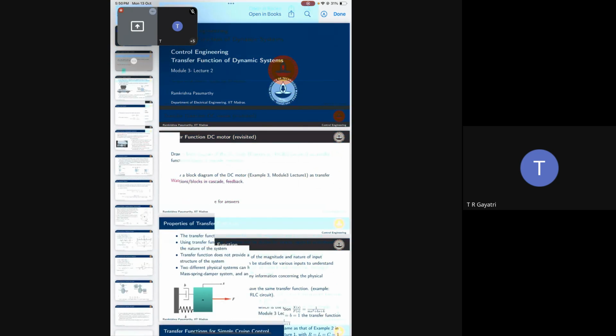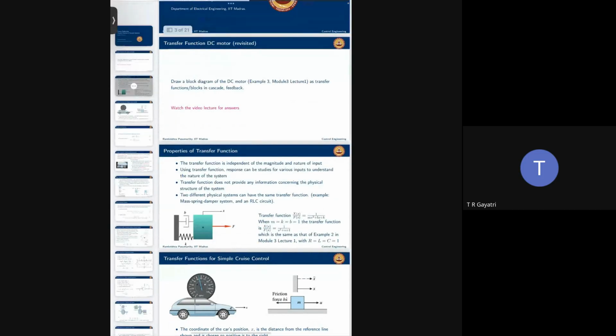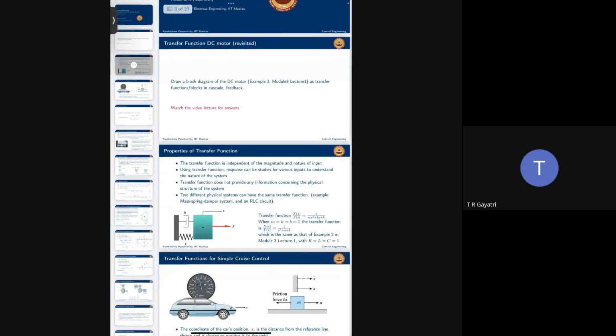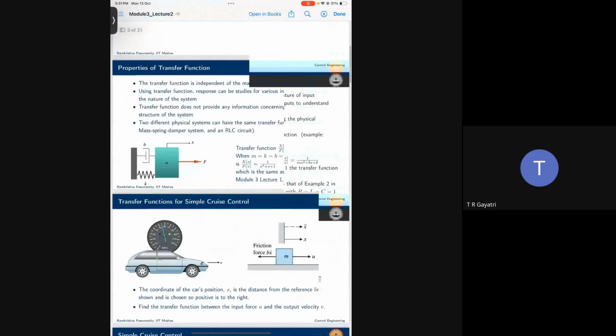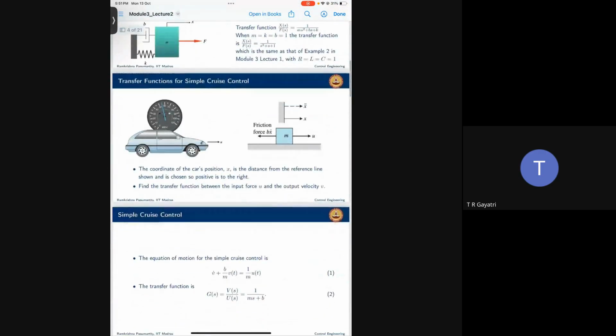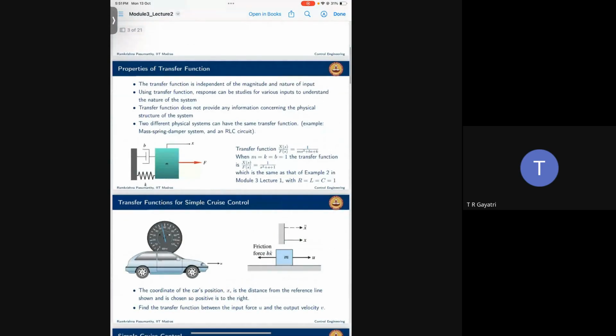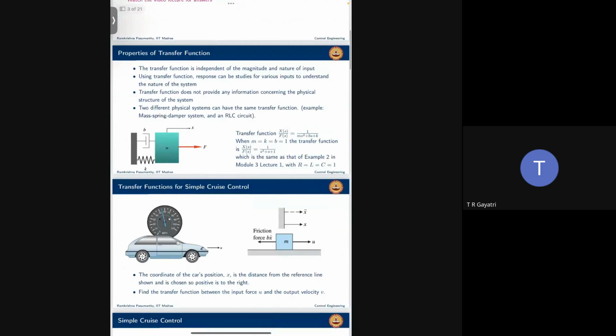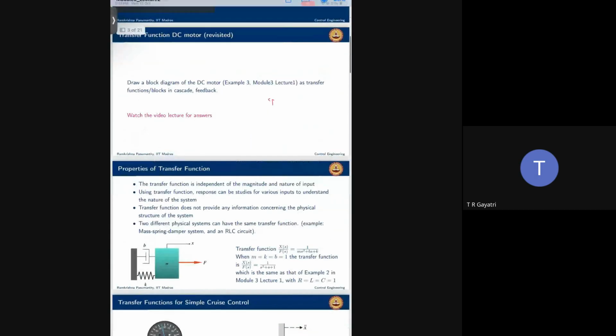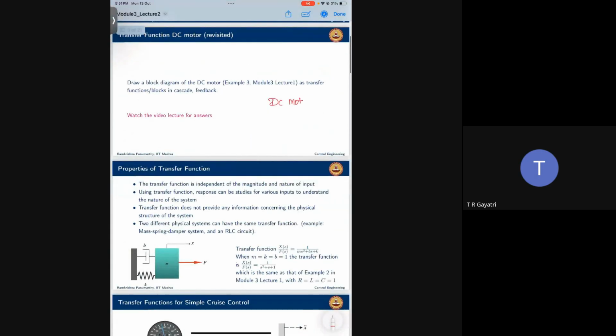Okay. So, DC motor transfer function. These are all some important things. You would expect this in exams, because these are practical examples. For example, you can practice the transfer function of DC motor, pendulums.